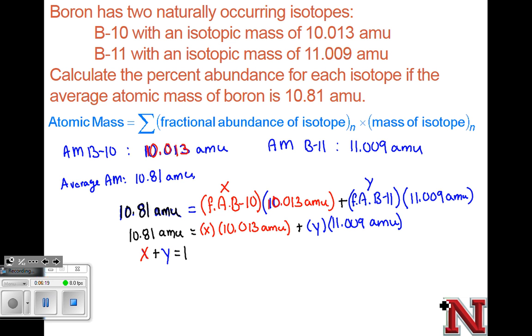So if I solve for y, I will subtract both sides by x. So I see my y is equal to 1 minus x. So I can just put that into my equation, and then I'm just going to have my unknown of y, and I can solve for that because that's a lot easier to solve for.